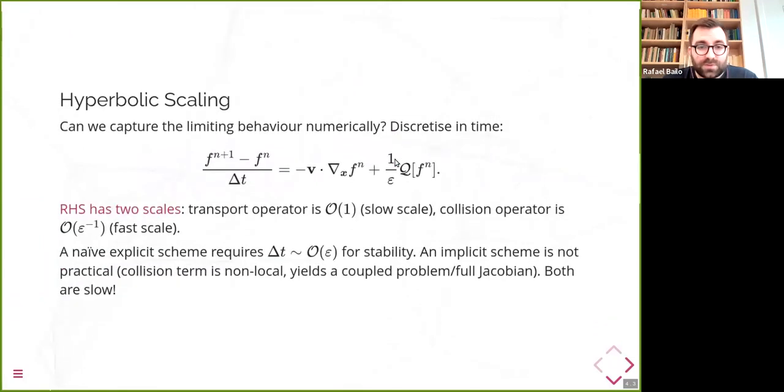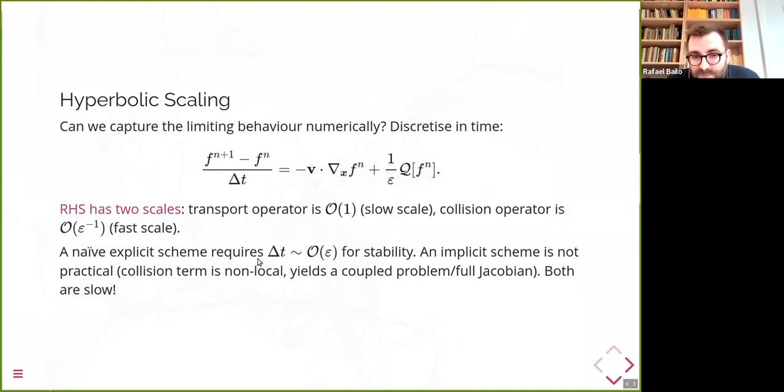The problem with this is, of course, okay, let's do the numerics, right? Let's try to put the very small epsilon and write a numerical scheme. So you discretize in time very valiantly. You arrive at your semi-discrete problem, and you realize your right-hand side has two terms with hugely different scales. You have the transport term, which has size 1, order 1, but then you have your collision operator, which has size 1 over epsilon, and this 1 over epsilon, again, this could be 10 to the 5, 10 to the 6, 10 to the 7.